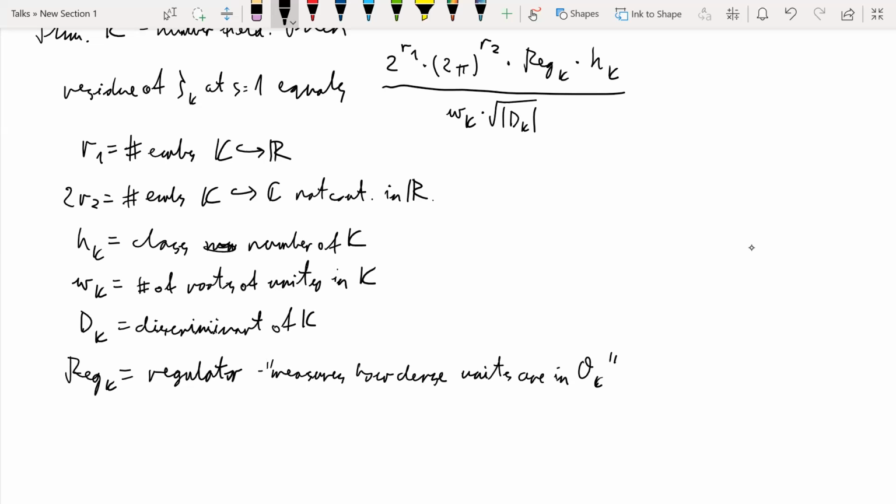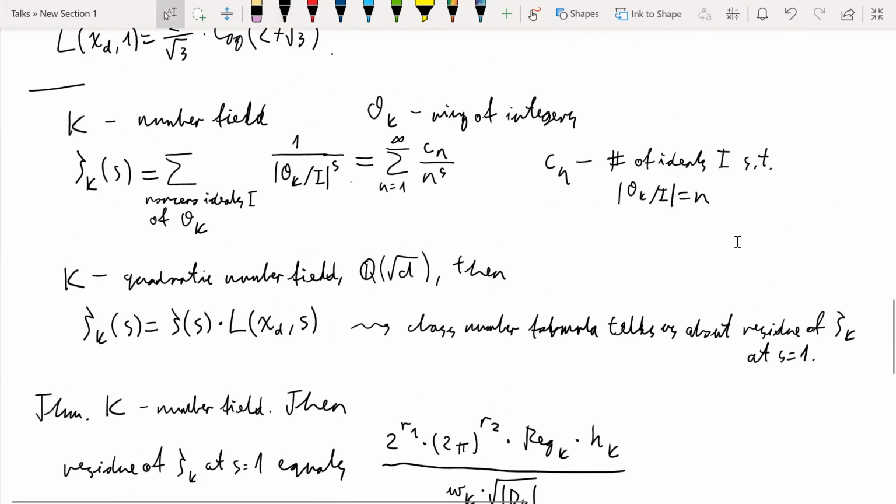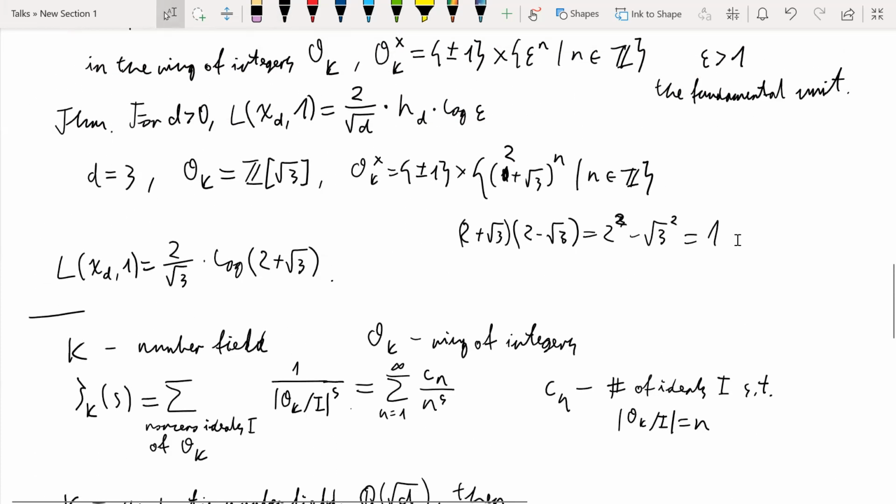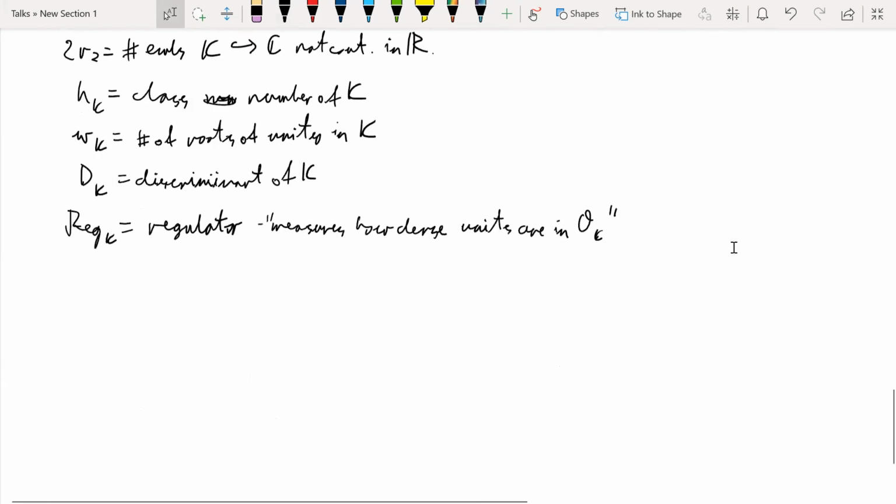In particular, this directly generalizes this log of epsilon that we had before, in the sense that the larger this quantity is, the sparser the units are in this ring in an appropriate sense, which I'm not making precise.